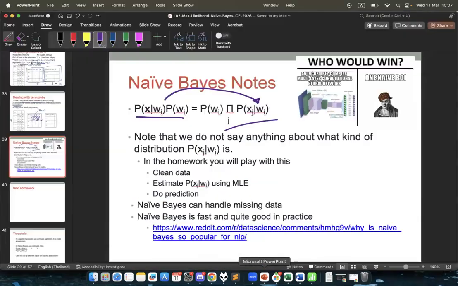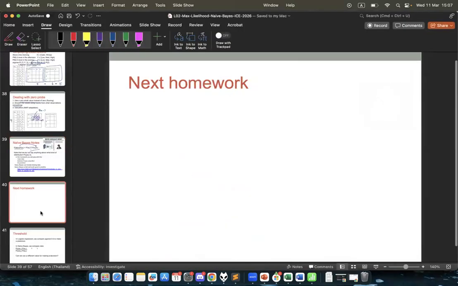So why did we remove some features? Well, it's very common in real life that you encounter missing values. What do you usually do if you have missing values?